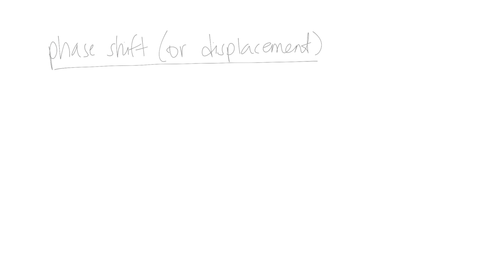So phase shift or displacement, some people call it displacement. That is your horizontal translation. So it's how the graph moves left or right, how it changes from how I said the graphs start.